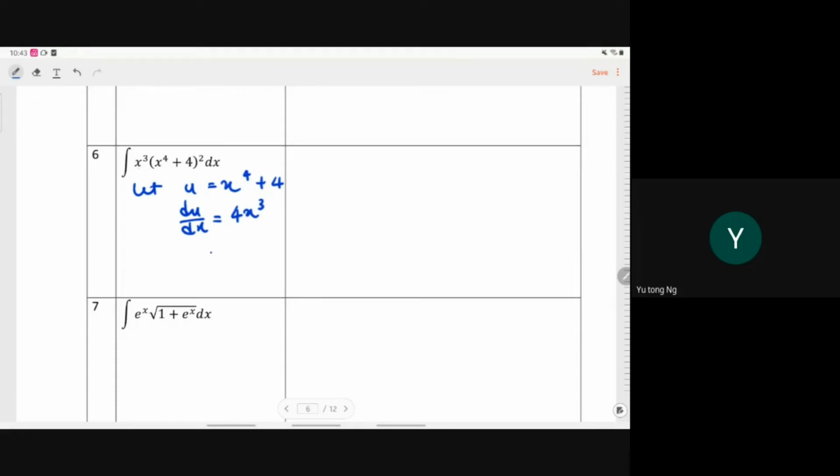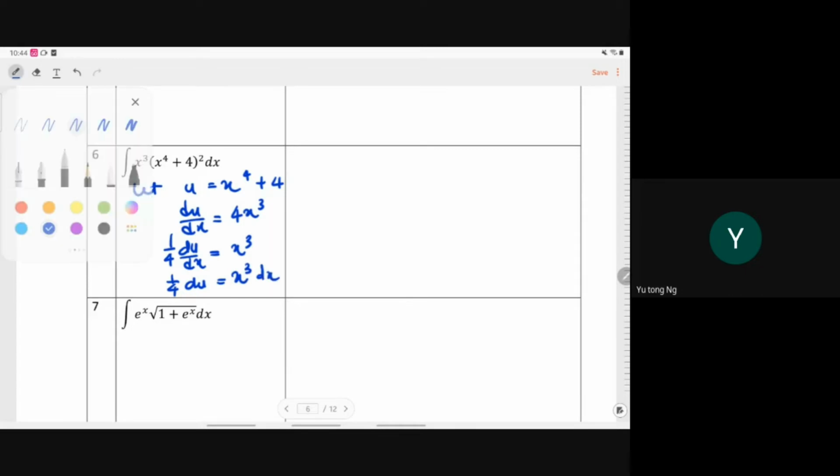Okay, so we only have x cubed in the question. So it is equivalent to 1 over 4 du over dx equals x cubed. So 1 over 4 du equals x cubed dx. So how to solve this?